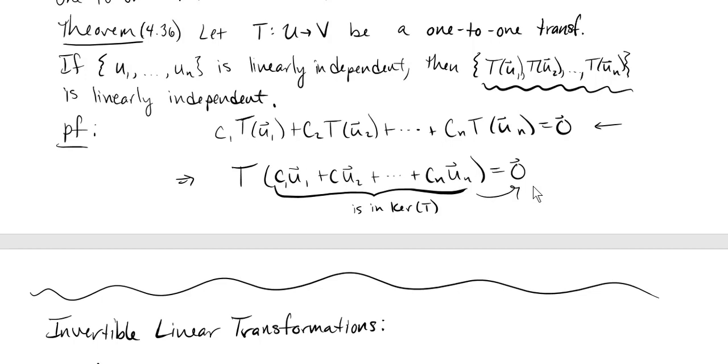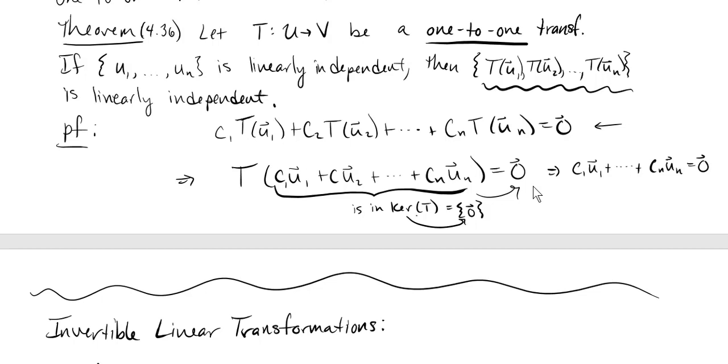But we know this is a 1-to-1 transformation. For a 1-to-1 transformation, the kernel is just the 0 vector, which implies this whole linear combination that we're saying is in the kernel must be the 0 vector. Since the kernel only contains the 0 vector, if this guy's in it, it must be the 0 vector.